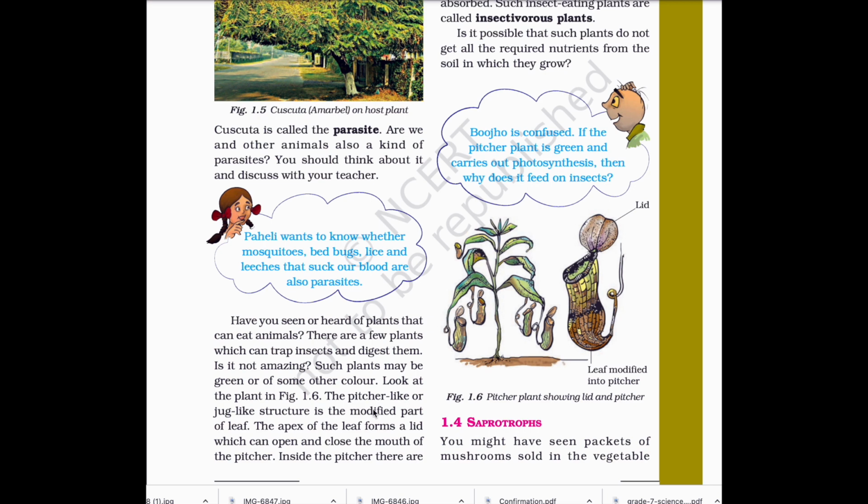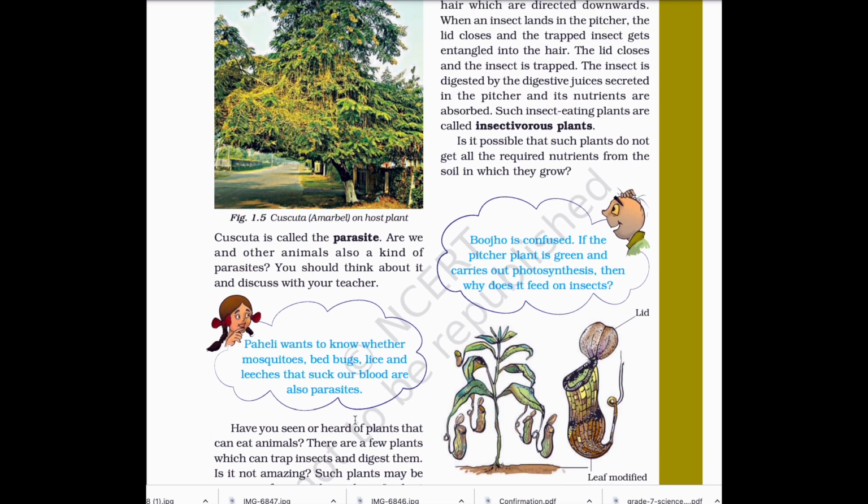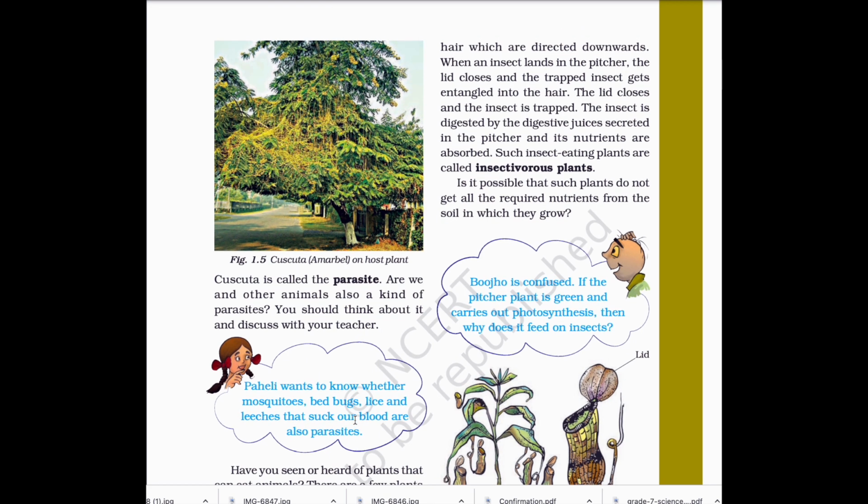Look at the plant in figure 1.6. The pitcher-like or jug-like structure is the modified part of the leaf. The apex of the leaf forms a lid which can open and close the mouth of the pitcher. Inside the pitcher, there are hairs which are directed downwards.